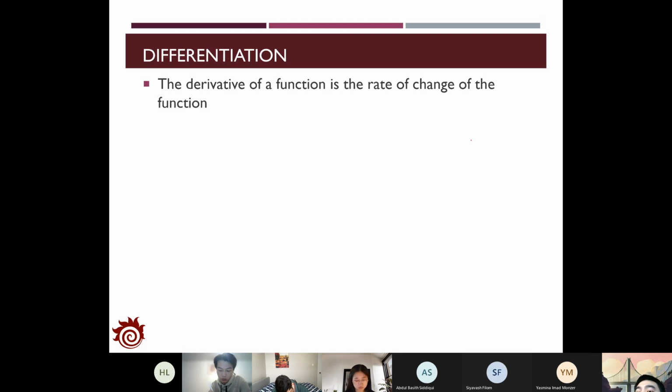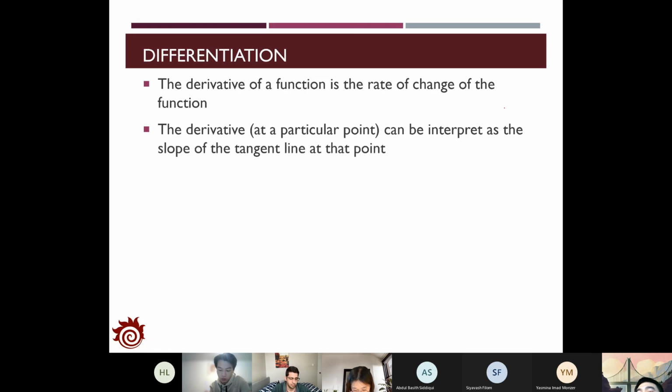One simple example is if we have the second order function x and y, the derivative will just represent the slope of this tangent line at the point. So this would be the derivative, or we say y prime of x.